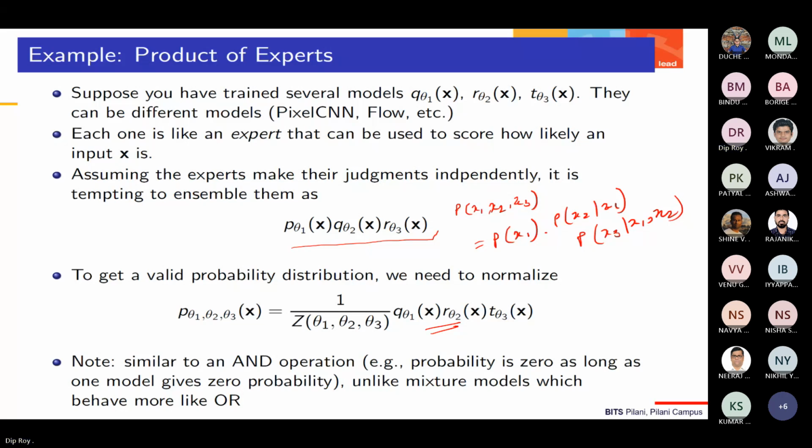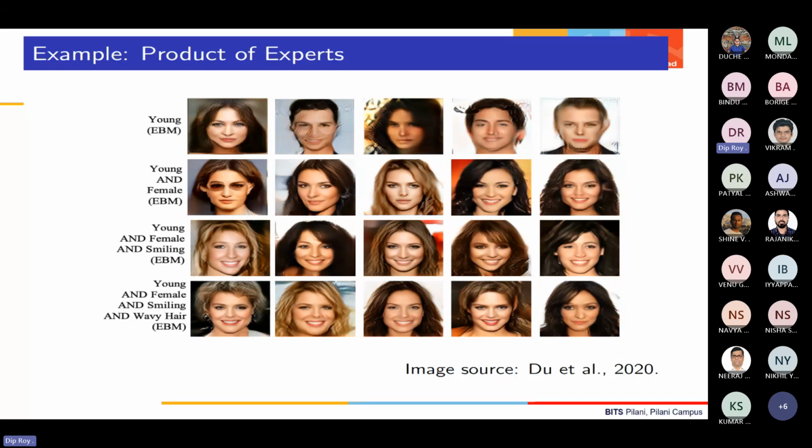All right. And these are some examples of how people use a product of experts.